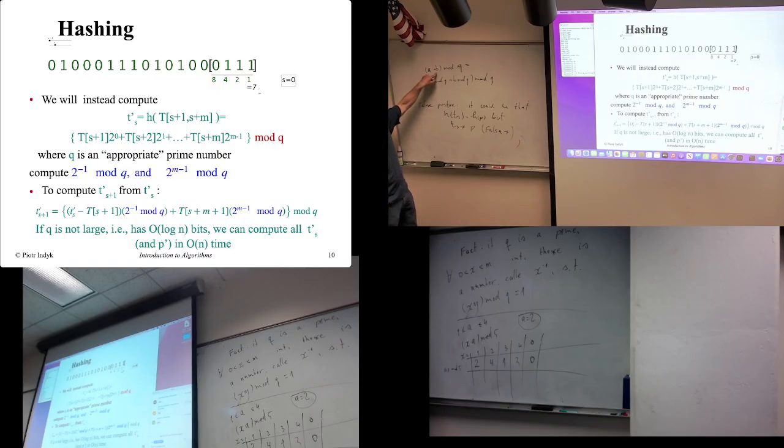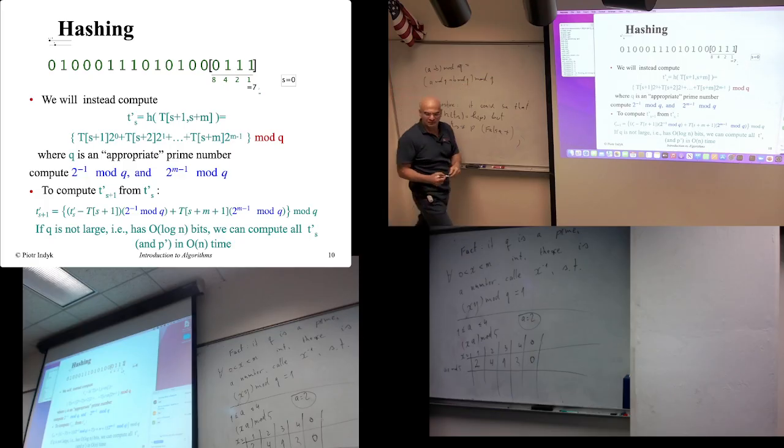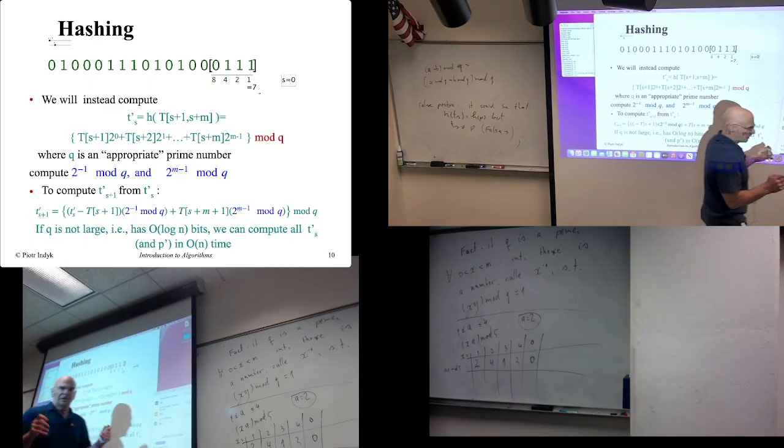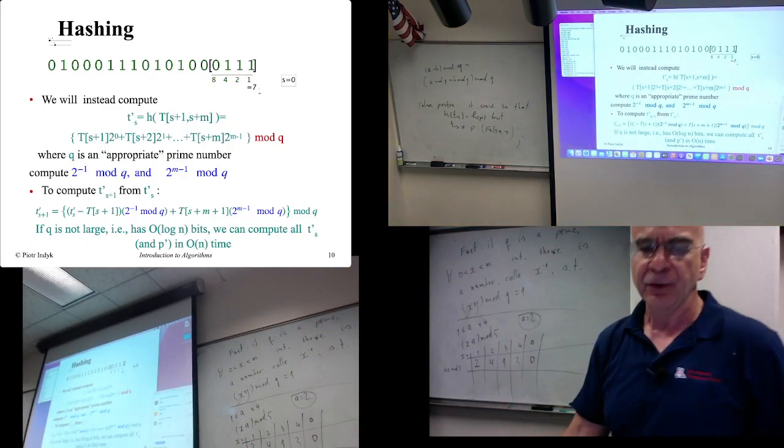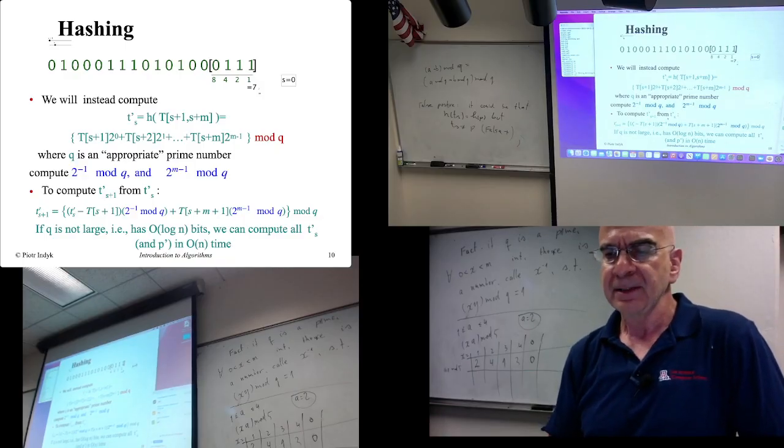If I have two numbers and I want to sum them and it's too large to my taste, I can take the first number, compute modulo q, take the second number, compute modulo q, and of course do one modulo q at the end. The same holds for a multiplication of numbers, like in the case of dot product; we use this fact multiple times.